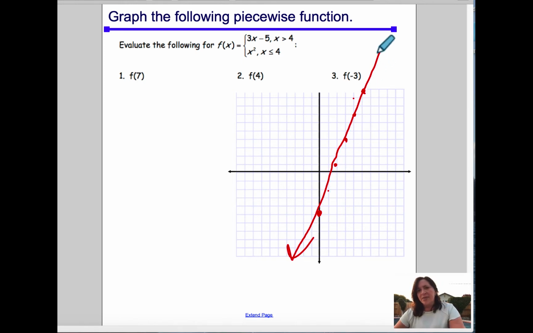Okay, now this line, which is f of x equals 3x minus 5, is just that line. However, when you put in the restrictions that they gave you, which says x has to be greater than 4, well, if x is greater than 4, we're at 1, 2, 3, 4, so like here.